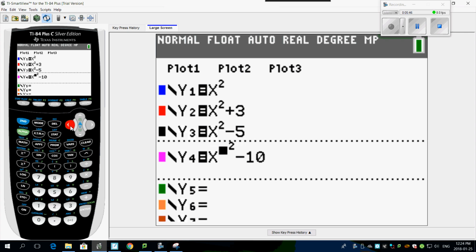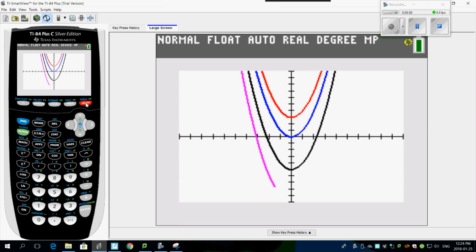Wow, it just doesn't want to play right. There we go. Okay, graph. And look at this. There's the minus 10. And you can count, it's all the way at the bottom of our screen. And we know, because this is set at Zoom Standard, that is 10 all the way down at the bottom of our screen. I suggest you try a couple more, and it makes a really, really interesting pattern on your calculator, that's for sure.